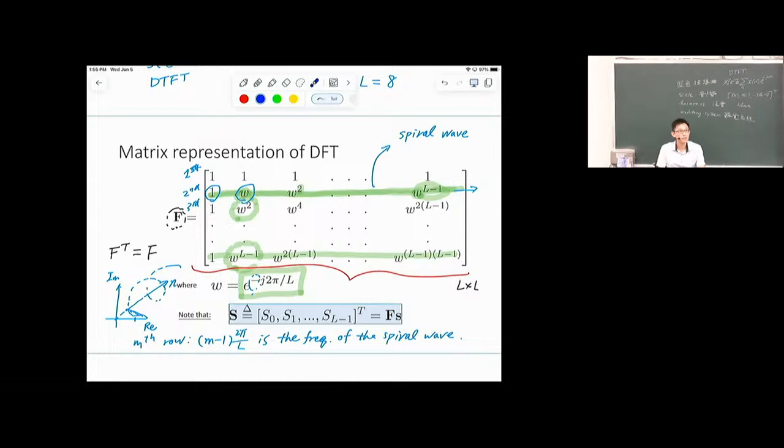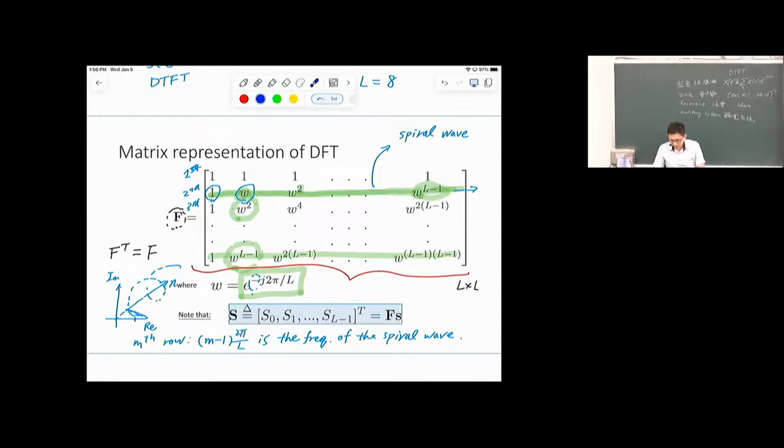So another spiral wave, but with double frequency and triple frequency and so on. The last row has a frequency of L minus 1 times the fundamental frequency. Every row is a spiral wave that rotates faster and faster around the time axis. That's why these complex exponential signals are sometimes called spiral waves.